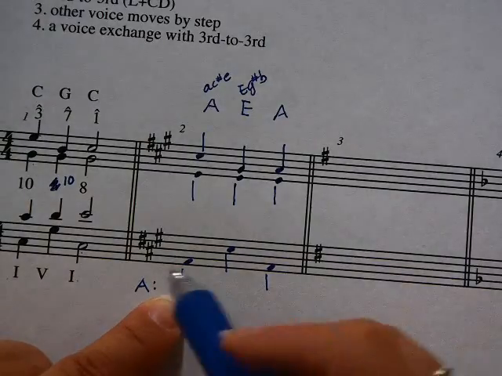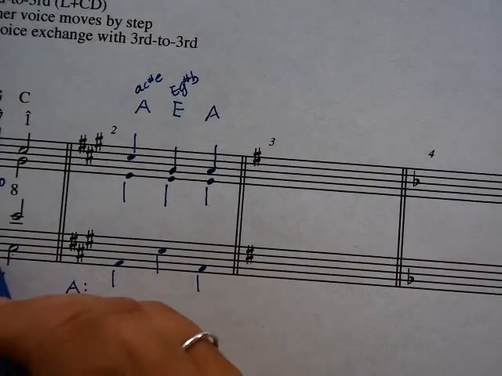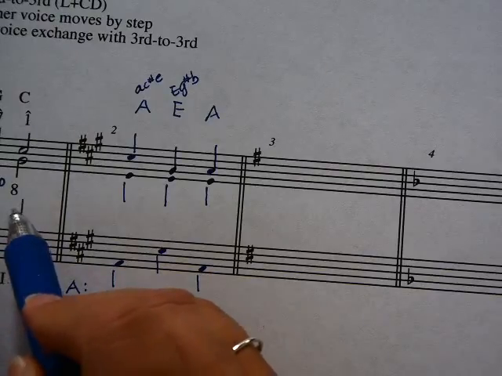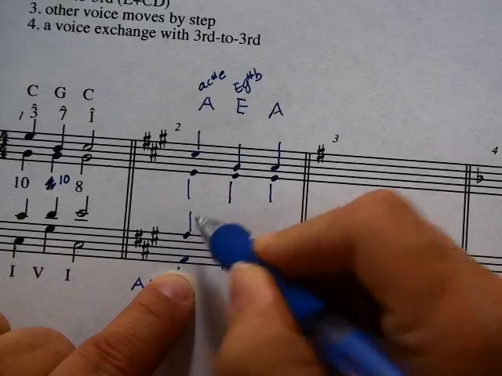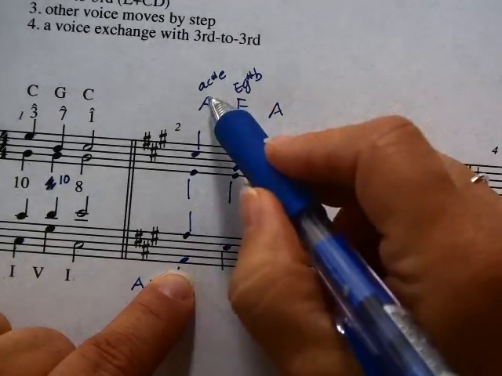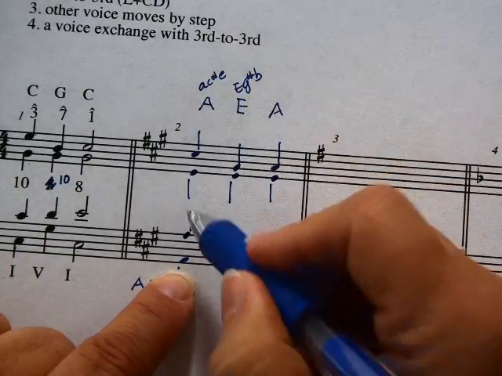The tenor started an octave above and ascended by step. So an octave above the bass is A, and A is not in E, G sharp, B, so the tenor has to move by step.